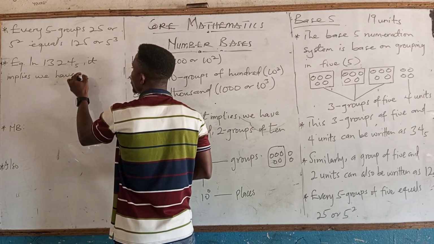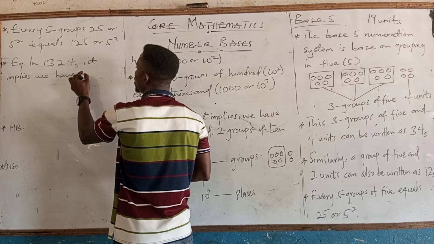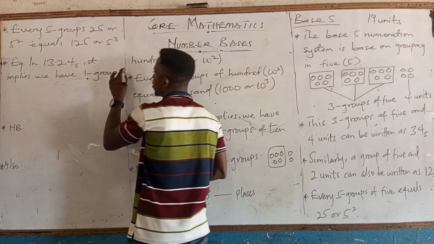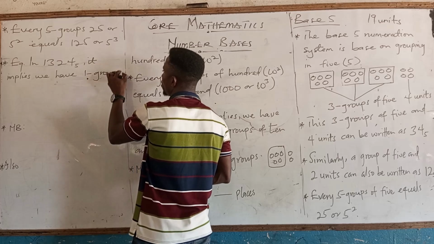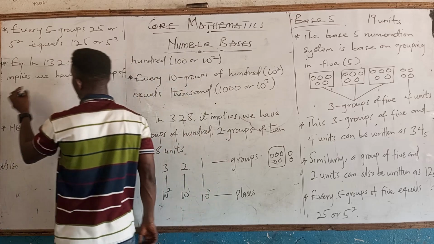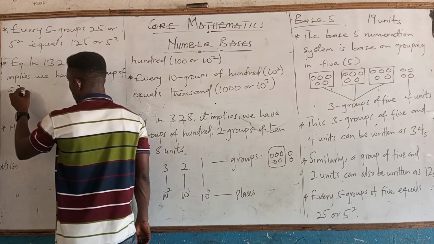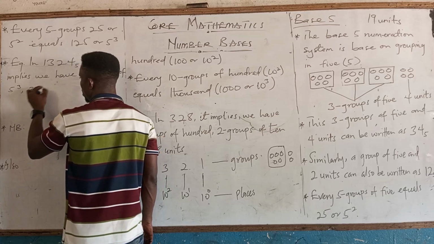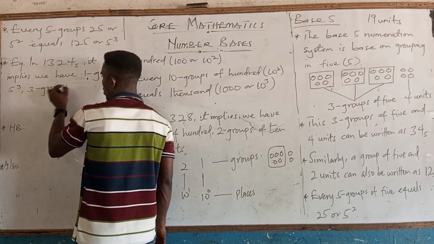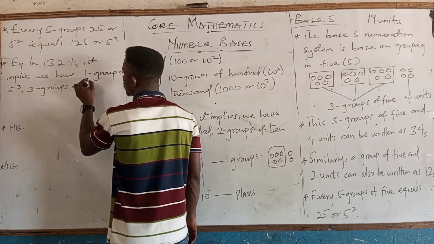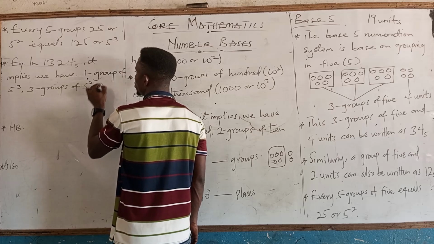We have one group of 5 exponent 3. Then 3 groups of 5 exponent 2.